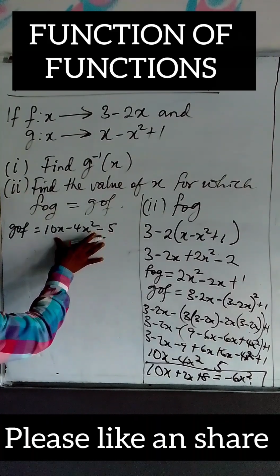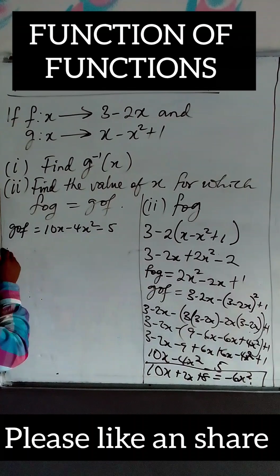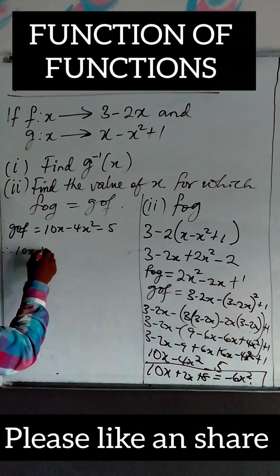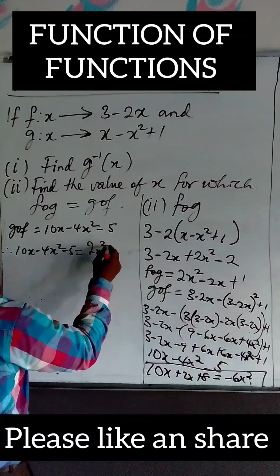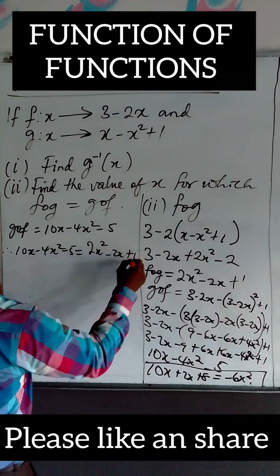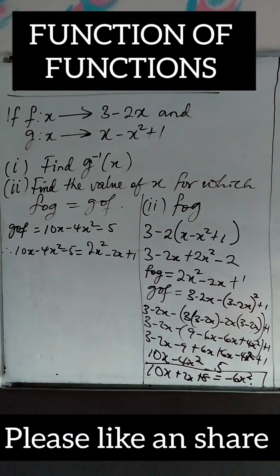We will equate this with f of g. Therefore, 10x minus 4x squared minus 5 equals 2x squared minus 2x plus 1. With this we can solve for x.